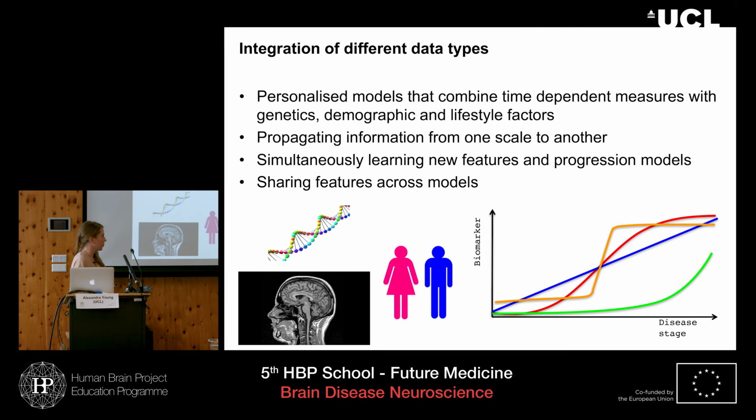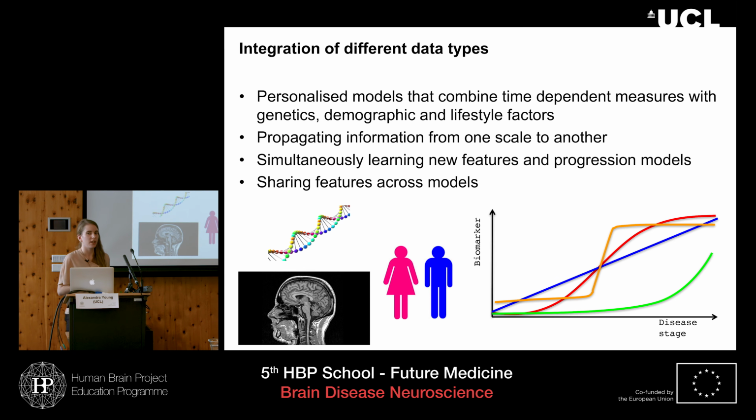At the moment, progression models have mainly focused on phenomenological trends, so just looking at a biomarker level. But ultimately, to personalize these types of models, what we need is to combine these time-dependent measures with other fixed variables. So, say, for example, genetics or demographic and lifestyle factors to model how these influence these progression patterns.